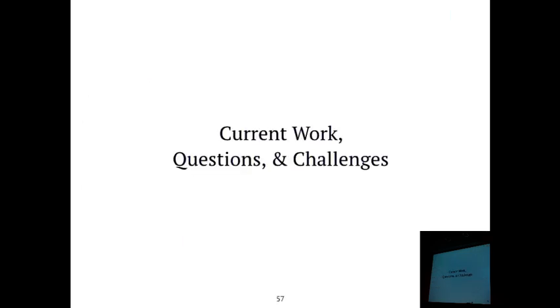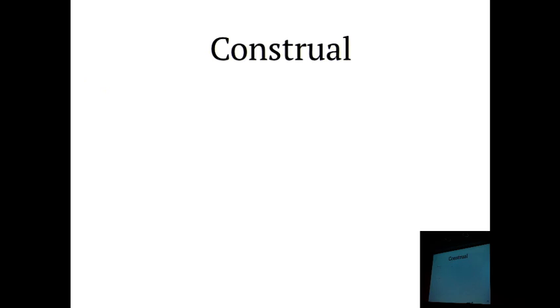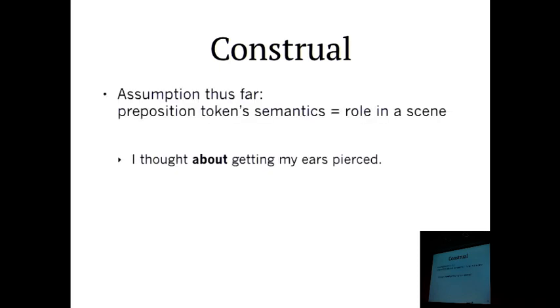So this brings us to a status update very briefly. So looking at other languages and also revisiting our English annotations, because once you apply an annotation scheme, you then have a whole bunch of things that you wish you had done differently. And so we revisited some of the labels we didn't really like, and we realized that one of the challenges was that we were making this assumption that the preposition marks a semantic role, basically, in some scene, usually marked by the predicate.